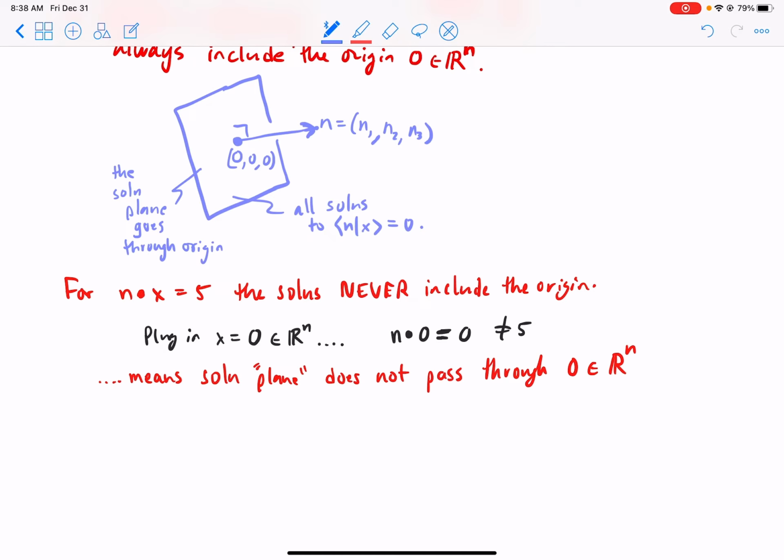Maybe we'll draw a two-dimensional picture. Here's my two-dimensional space. Maybe here's n. And the solution plane then would be something like this. This is all solutions to n dot x equals 5. And notice it does not include 0, 0. This line does not go through the origin.